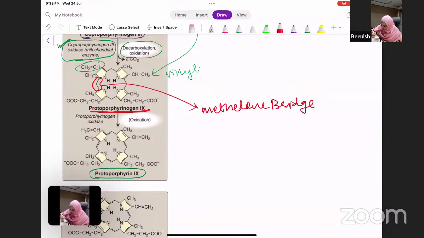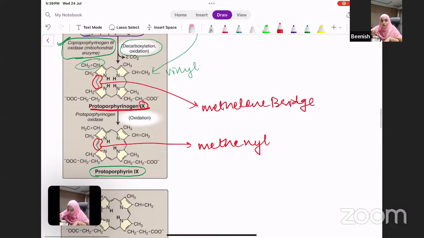Whereas in protoporphyrin, you have methene bridges. Okay, so that is the difference. Your protoporphyrinogen 9 is going to change into protoporphyrin 9. Okay, and this 9 belongs to the type 3 isomers.